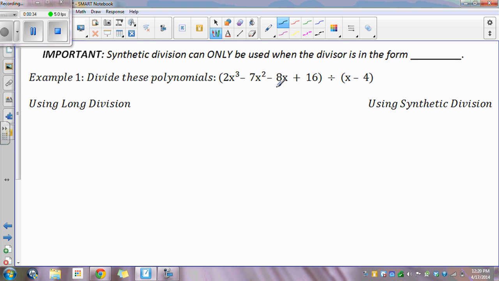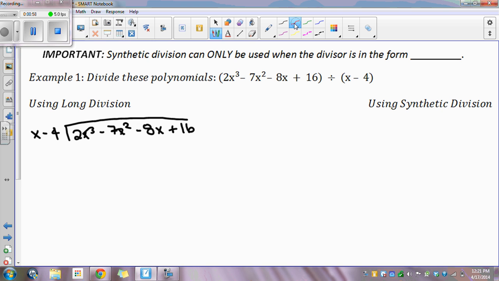So long division, we would have our x minus 4, and then inside our division doghouse, we'd have 2x cubed minus 7x squared minus 8x plus 16.